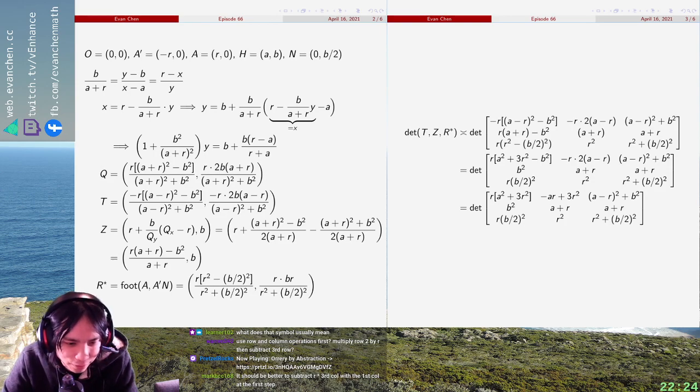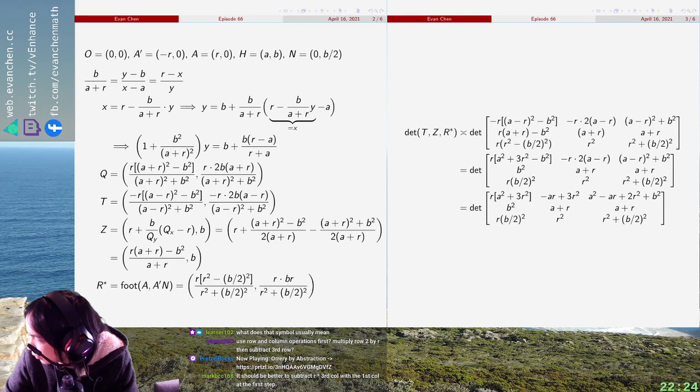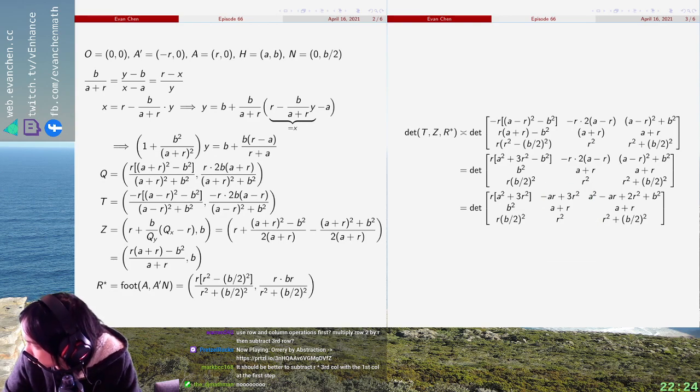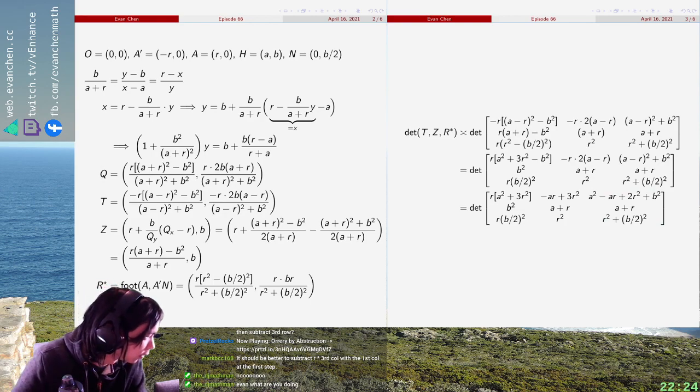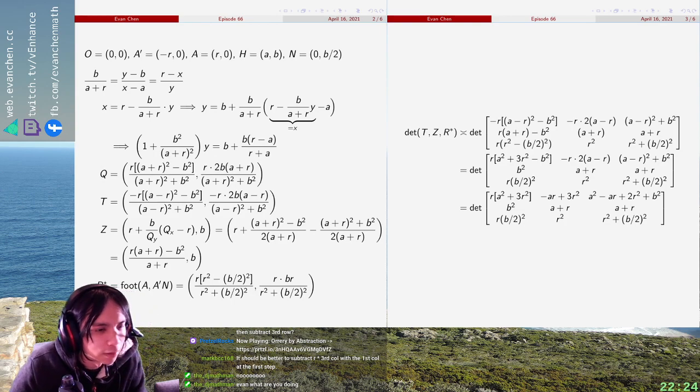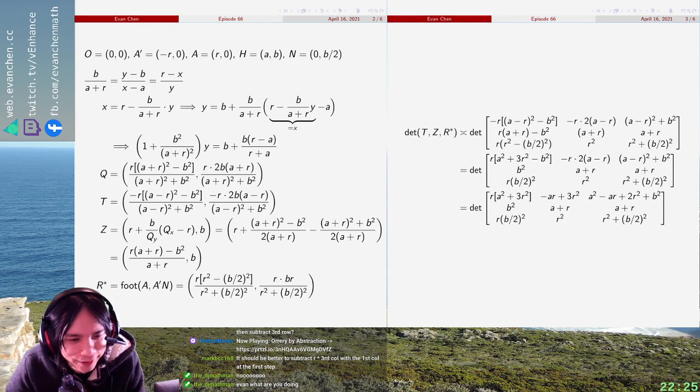Actually, that kind of made the last column really bad. I'm regretting some decisions. Oh, okay, but let's subtract this one from this one now. You're saying at first step I should subtract r times third column. Yeah. Oh wait, that's actually very good. Okay, alright, let me scrap all this then.